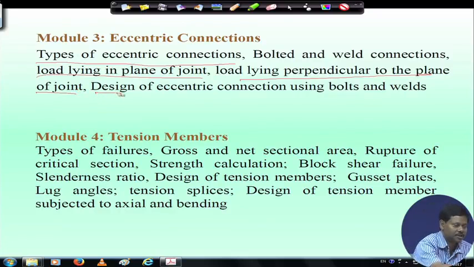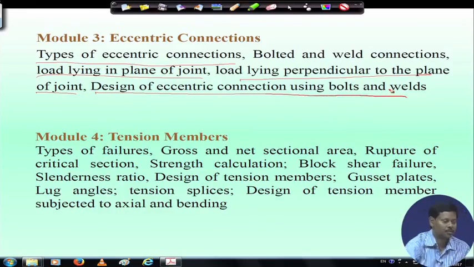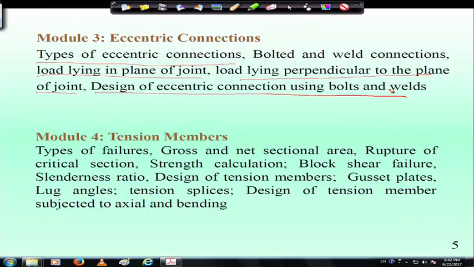Then we will discuss the design of eccentric connections using bolts and weld. Sometimes we will use bolts and we will see how the design procedure is proposed, and also the same for weld connections.